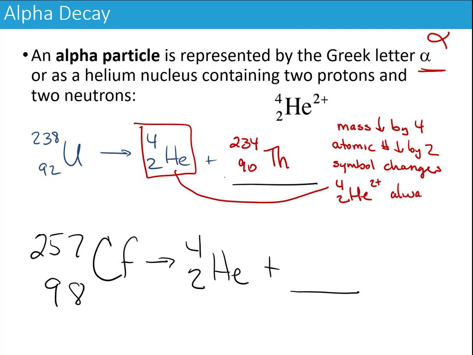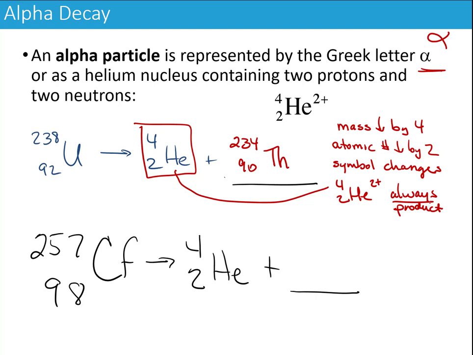So that's really all you have to look for with alpha decay. If it shows you a reaction and you see that a helium is a product, then you know it's alpha decay. We're walking through how it happens and what the products are, but really I just want you to be able to identify it.